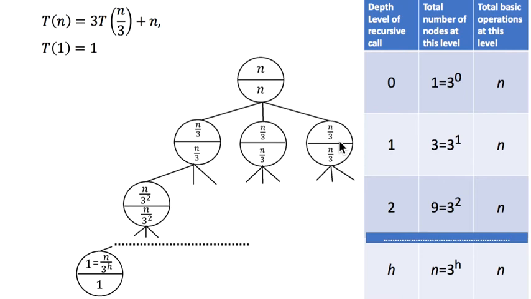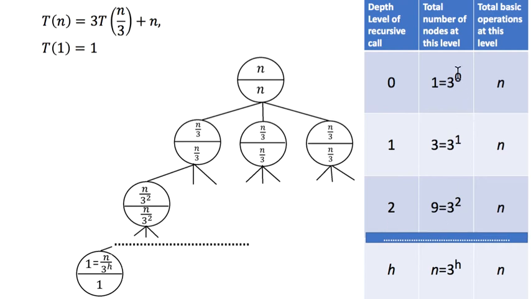Next, we would like to calculate how many nodes there are at each level. At the 0th level, we have 1 node. At the first level, we have 3 nodes. At the next level, each of these nodes will make 3 recursive calls, so it will be 9 nodes at the second level.